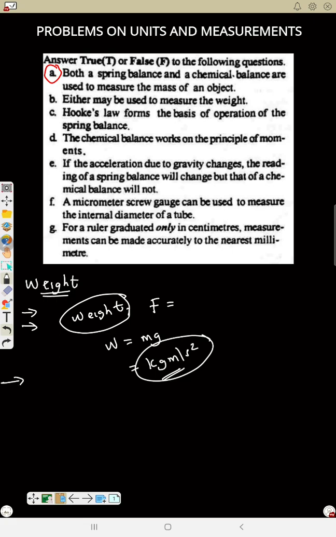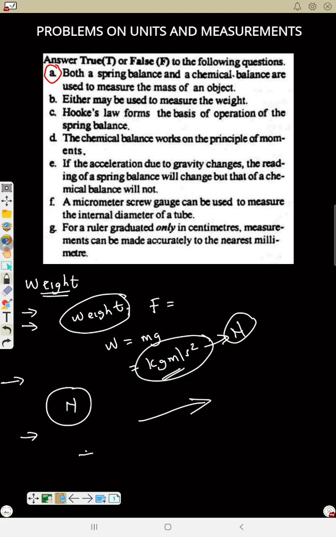Another point, its SI unit is Newton, or kilogram meter per second squared, which we call Newton. Another point, it is a vector quantity. It means it has both magnitude and direction.